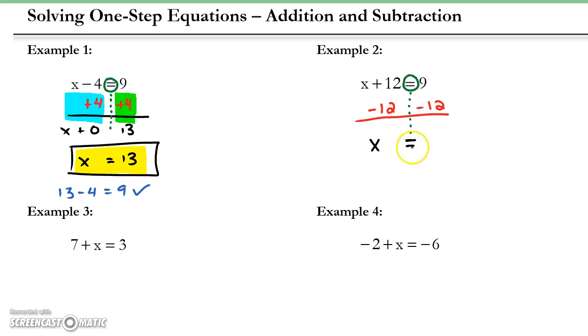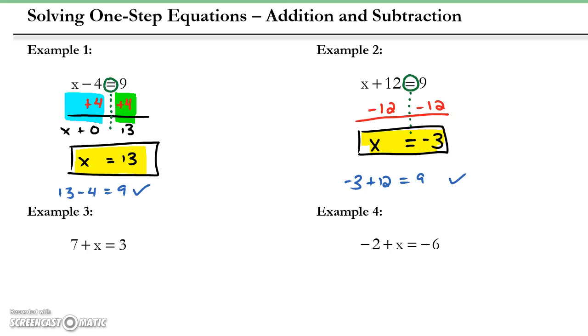Don't be afraid to use your calculator if you get stuck on any addition or subtraction. That's why you're allowed to use it. 9 minus 12 is negative 3. I circle or box that in. Double check to make sure we got the answer correct. If I put negative 3 in for x and add 12 to that, negative 3 plus 12 is positive 9. Again, I'm happy.